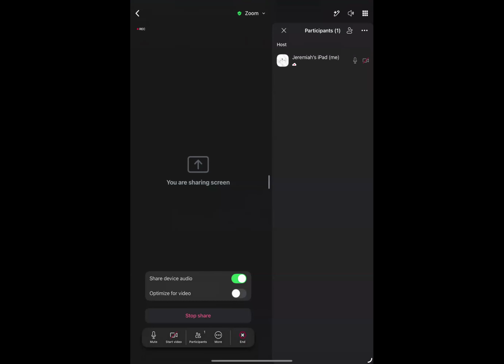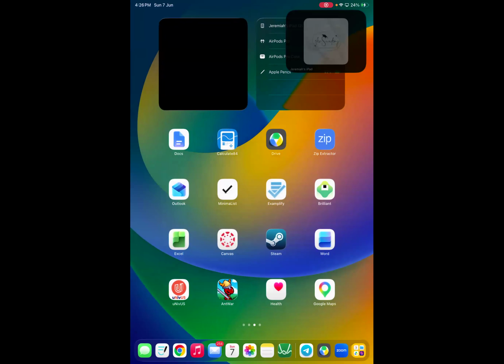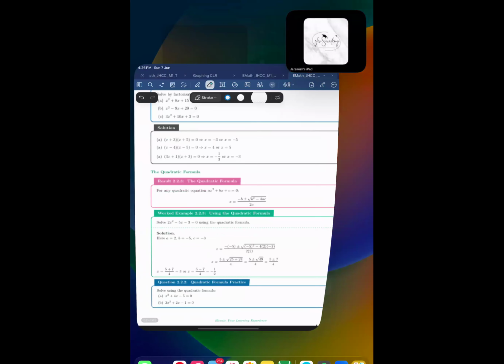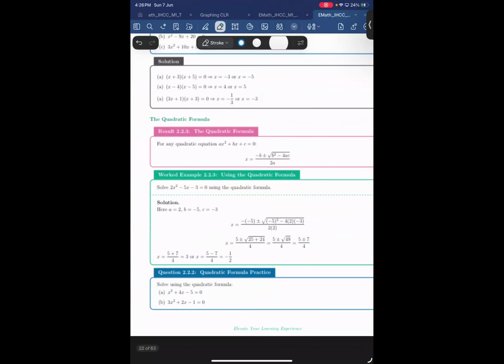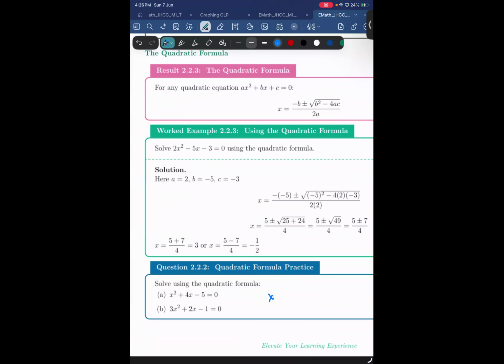I'll share screen. For part B, x equals minus b plus minus square root of b squared minus 4ac, so 2 squared minus 4 times 3 times minus 1, over 2 times 3.